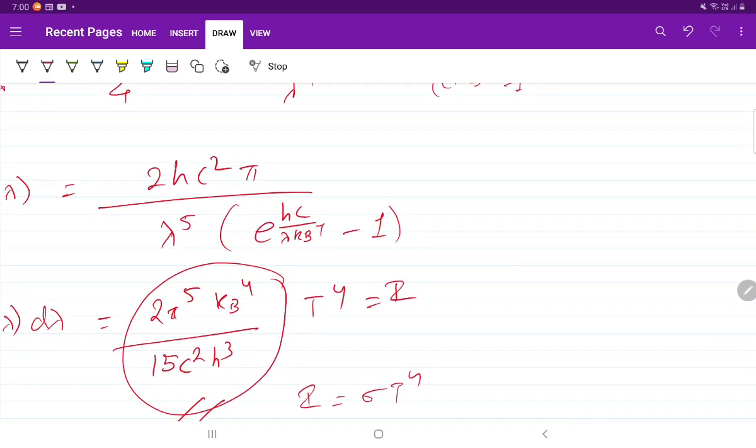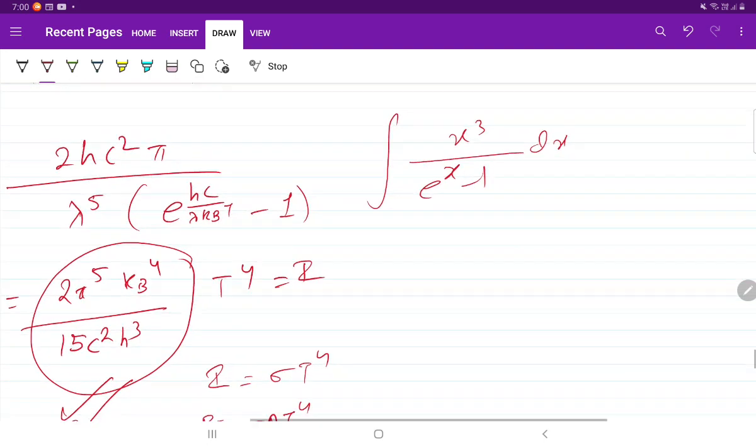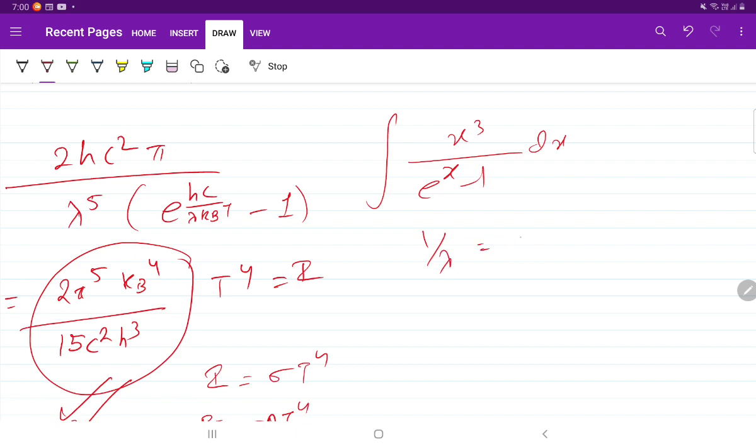Now Olympiad askers or the teachers may ask you the integration of this, and will provide you some support with some formulas like integral of x cube by e to the power x minus 1. Why? Because 1 by lambda you will substitute as some u, then you will get du equals 1 by lambda square d lambda, negative sign.